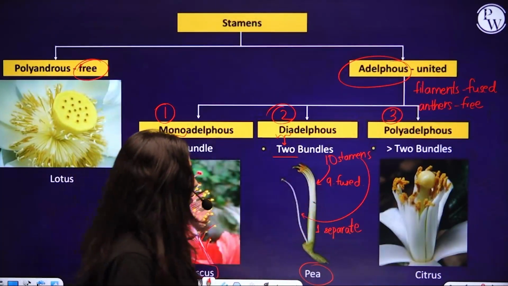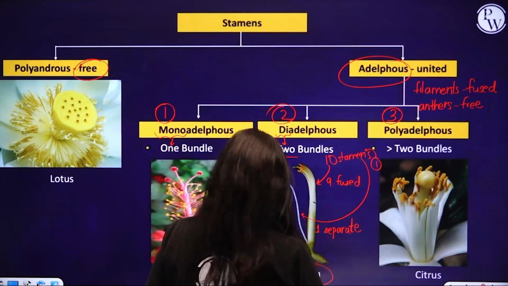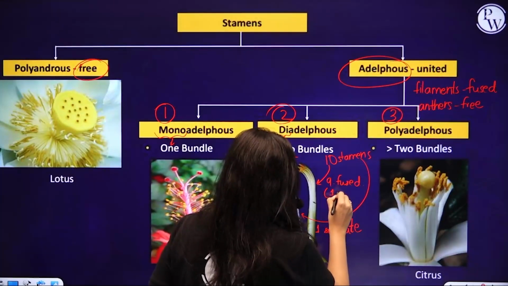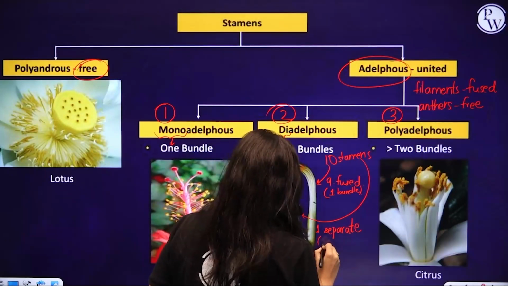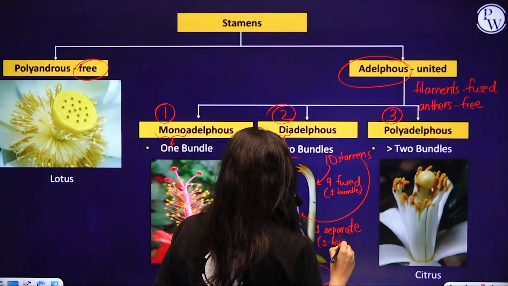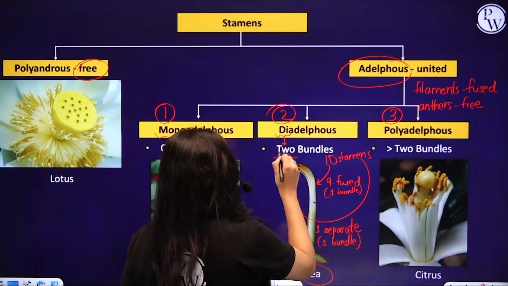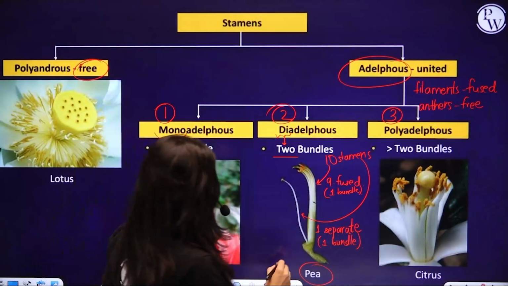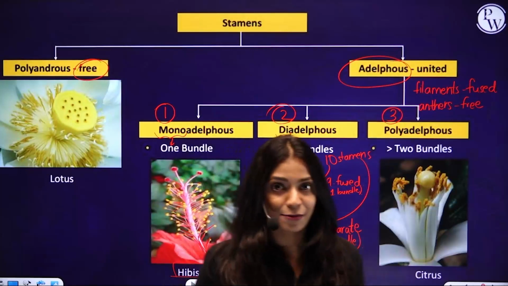So over here, this is one bundle. These 9 fused is considered as one bundle. Single one is considered as one bundle. Since there are 2 bundles, we say that this is diadelphous. Remember this carefully because this is also an example and characteristic feature of Fabaceae family.